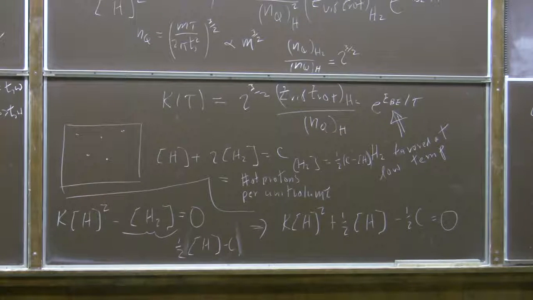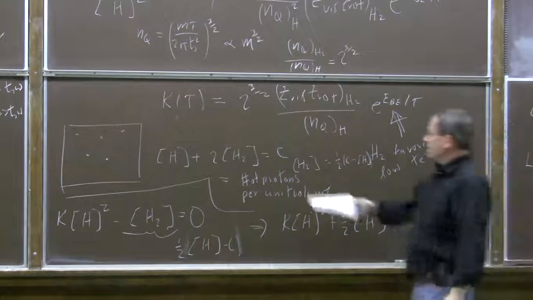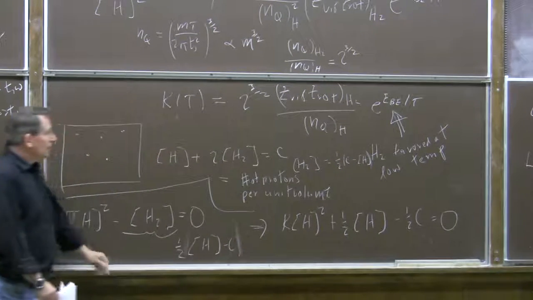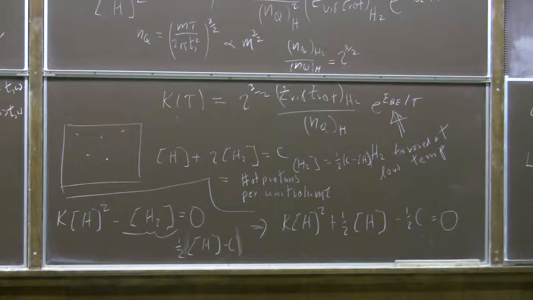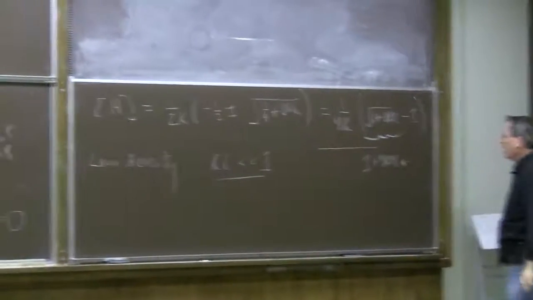So just to check that we didn't make a mistake, we can consider the limit of low and high temperature or low and high concentration. At low density, which means that C, the concentration of protons, is small, well, that means I can take Kc to be much less than 1, and then I can expand the square root as 1 plus 4Kc plus higher order.